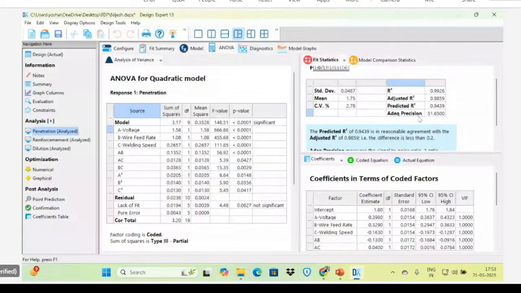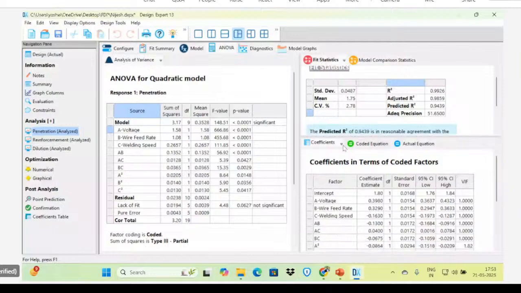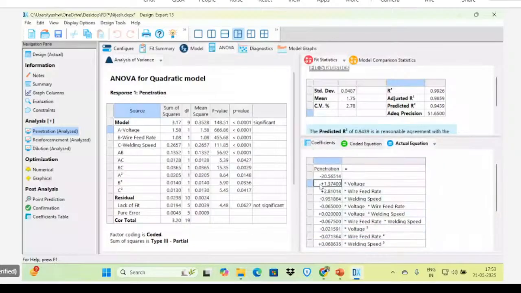This actual equation, we have to put as the actual equation, and the actual equation is this: penetration is equal to minus 20.565 plus 1.37 into voltage plus 2.81 into wire feed rate. This is the quadratic equation that the software is giving. With this penetration formula, we can calculate in-between process parameters.